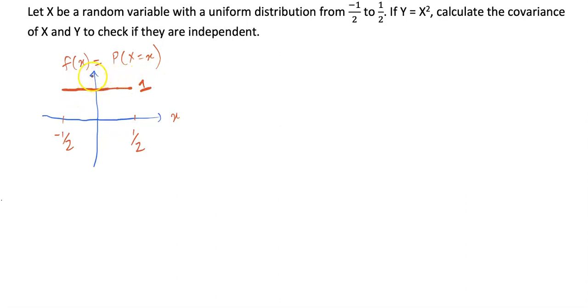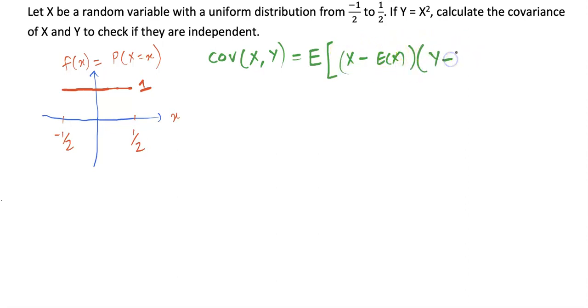Fair enough. And now we want to calculate the covariance of x and y to check if they are independent. So, a quick refresher on what covariance is: the definition of covariance is the expected value of x minus the expected value of x, or the mean of x, times y minus the expected value of y, or the mean of y.